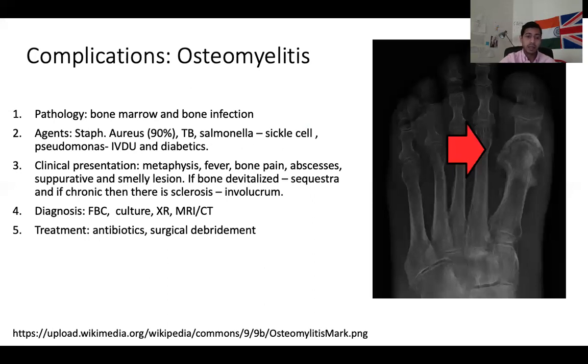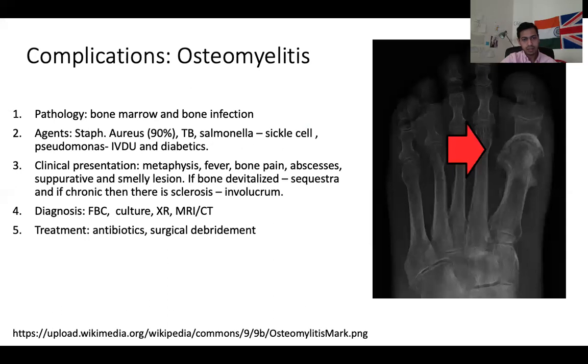If the infection is quite progressive and not treated straight away, or at least in the acute phase, the bone can become devitalized, and at that point, the bone is usually called a sequestra. And if it's chronic, then there's usually sclerosis, and we call this involucrum.